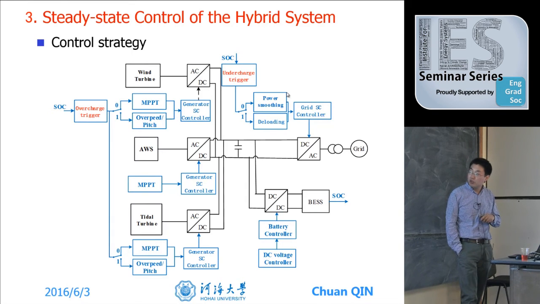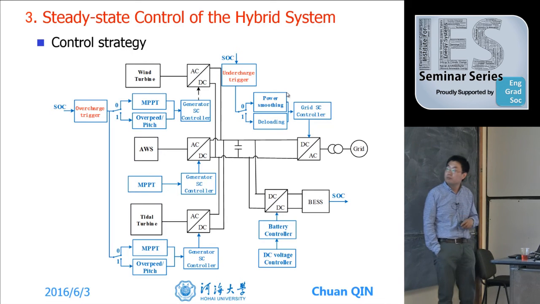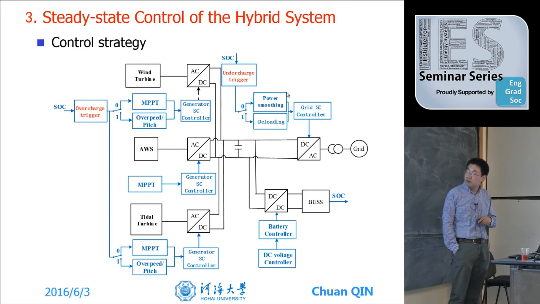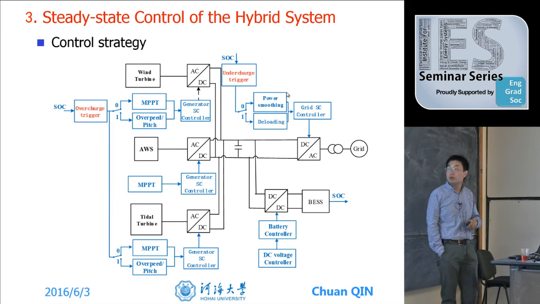And the battery energy storage is connected to the DC link via a DC to DC converter. The control objective of the battery control is to maintain the DC voltage.